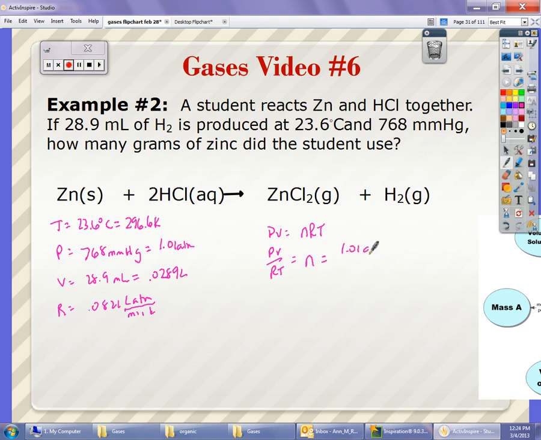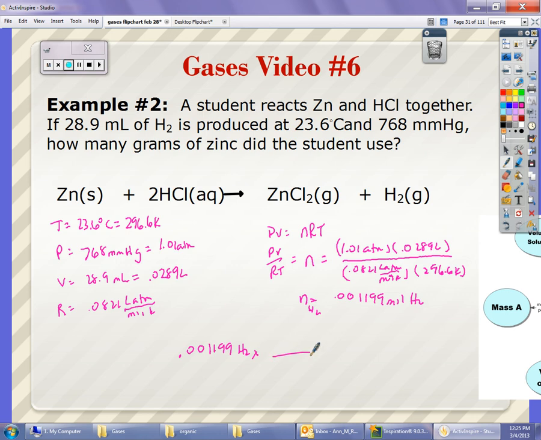Pressure 1.01 atm. Volume 0.0289 liters. Write in the gas constant along with the units, and then the temperature in Kelvin. When I do this, my n, or the amount of hydrogen gas I have, is 0.001199 moles hydrogen. I am now ready to convert this into moles of zinc using the balanced chemical equation.